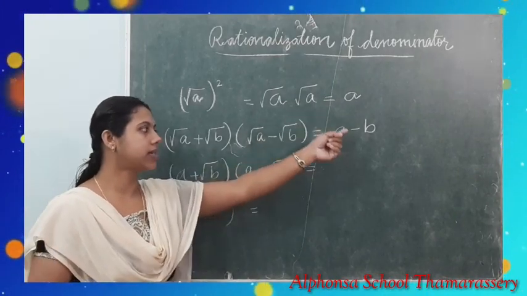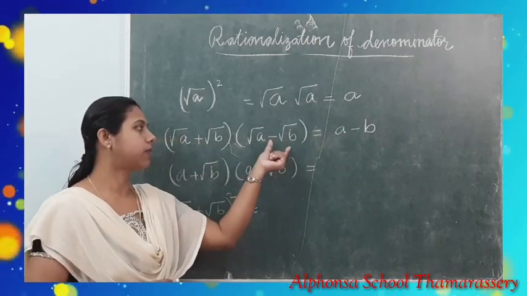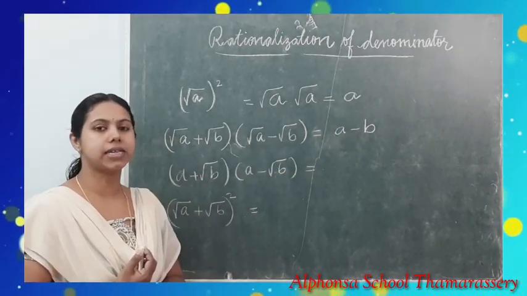Root A whole square is A, root B whole square is B. So if it is in this form, the answer will be A minus B.